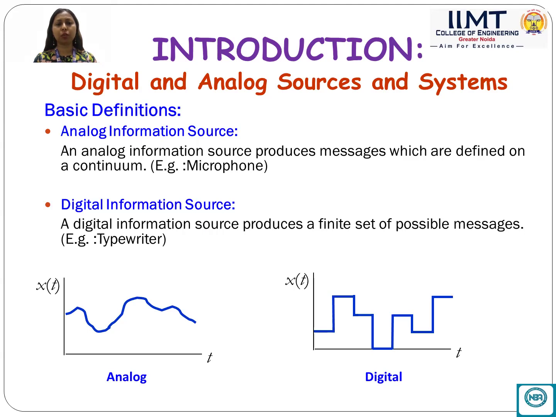A digital information source produces a finite set of possible messages, for example a typewriter. Both representations of signals are shown here, analog and digital. We can see that the analog signal is in continuous form and the digital signal is represented in terms of 0 and 1, different binary values.